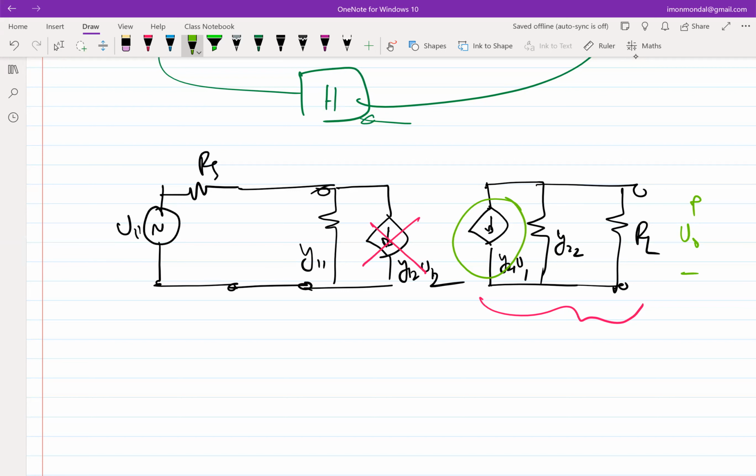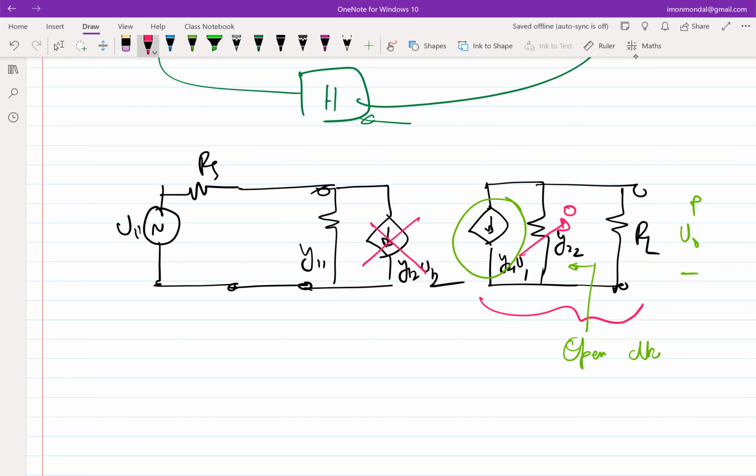Which means it should be an open circuit. If I exclude RL and look from this side, it should be an open circuit. So Y22 should go to 0, but your R naught should go to infinity. Make sense?